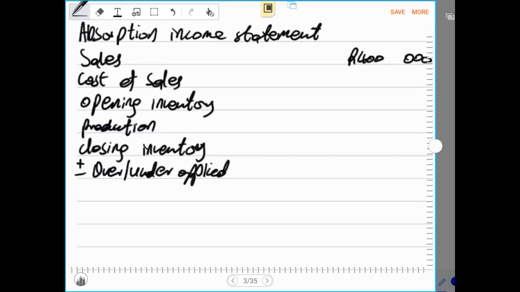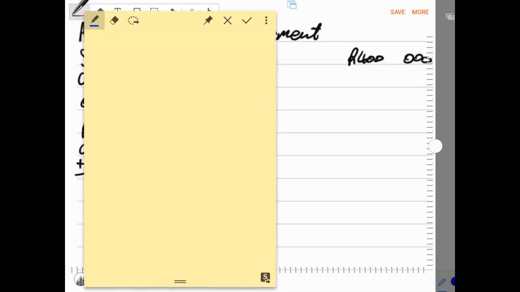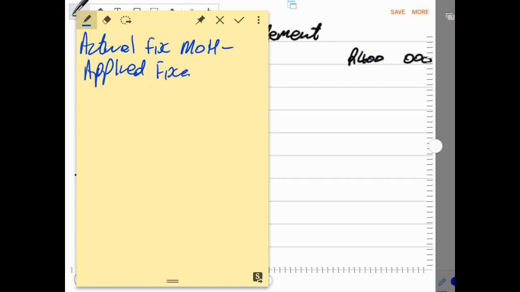applied. So now that means in this case we first have to determine the actual fixed manufacturing overheads in comparison with the applied. So we have to say actual fixed manufacturing overheads minus applied fixed manufacturing overheads.